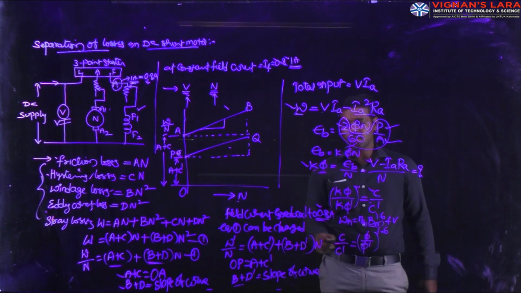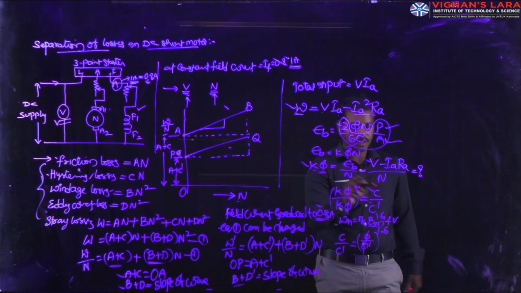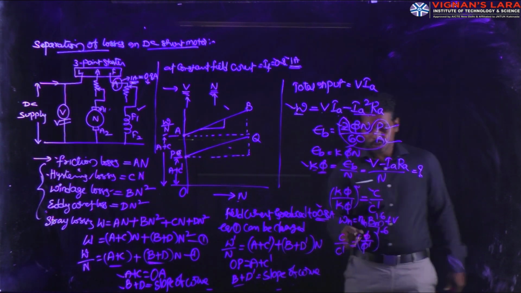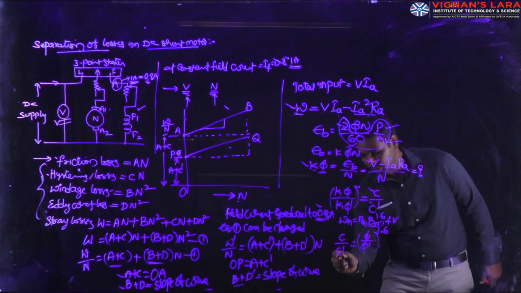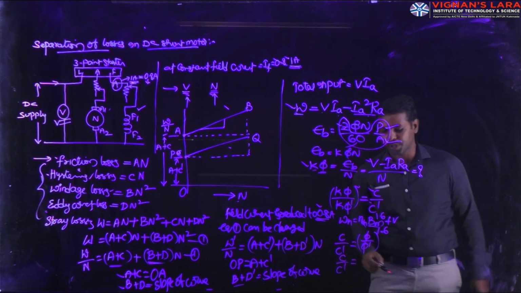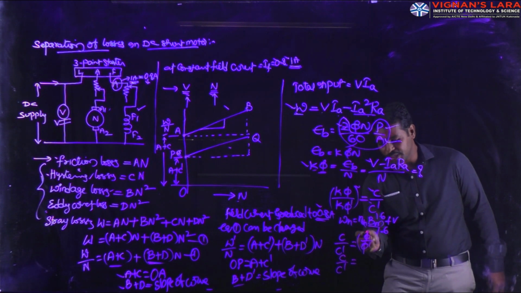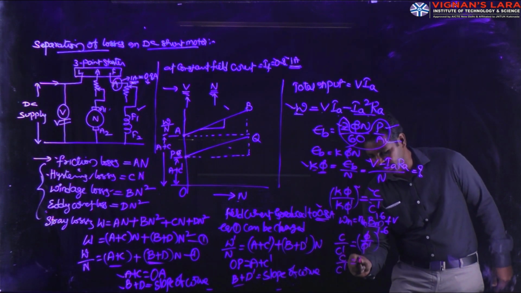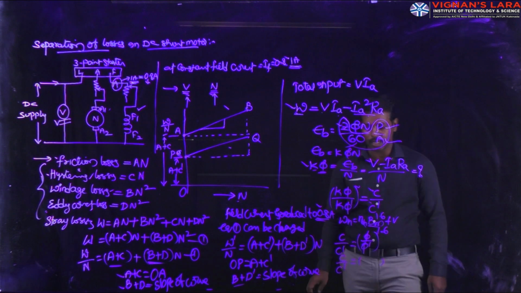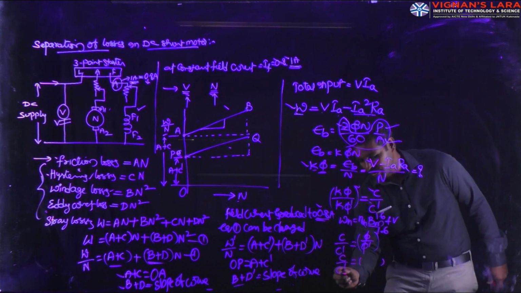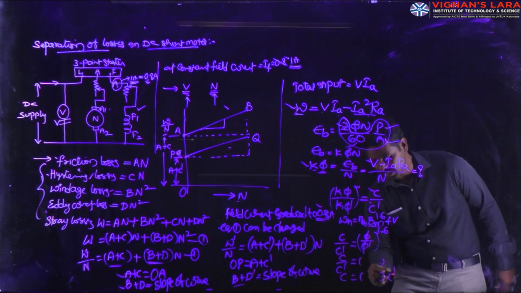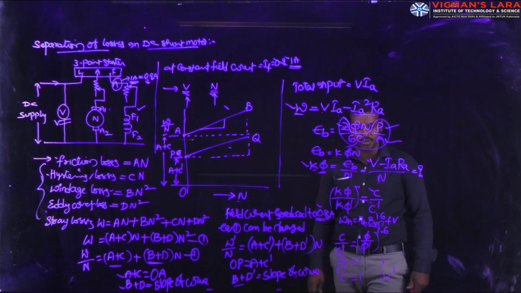By substituting these two parameters we get some constant, so C is equal to some constant into C dash.